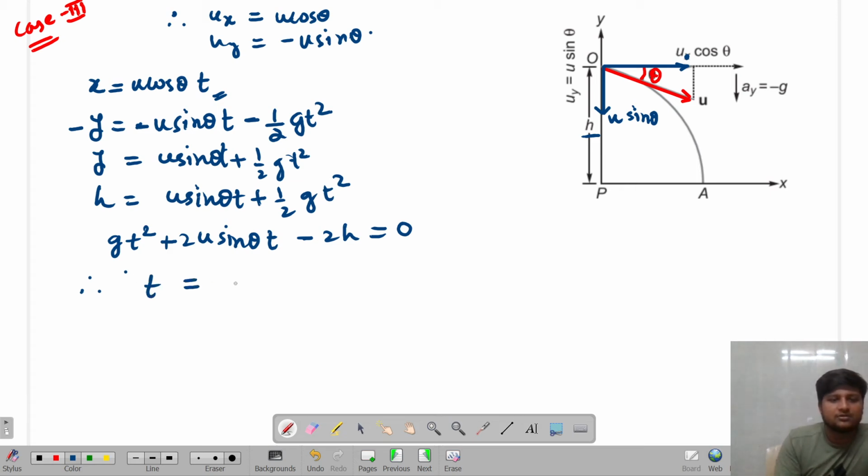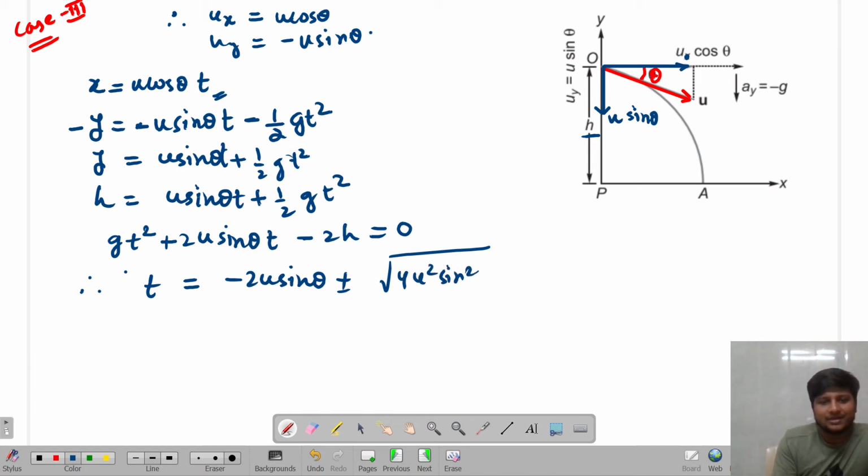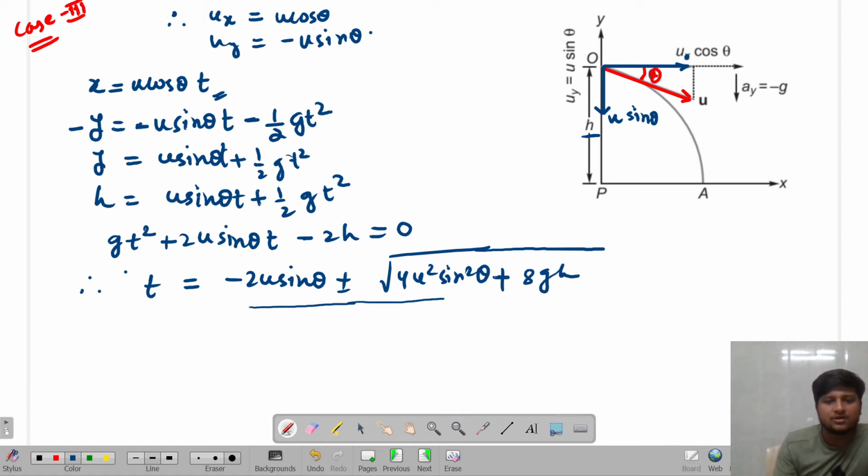Time will be equal to minus 2u sine theta plus minus root over b square, that is 4u square sine square theta, plus 8gh, divided by 2g. I can write this equation in simple basic form, that the total time of flight is therefore how much?